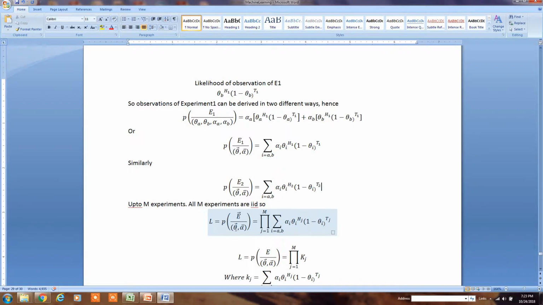So the likelihood of the complete set of experiment observations will be the multiplication of all these values for m experiments.